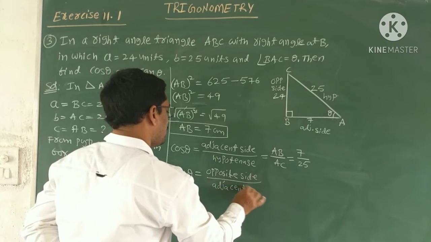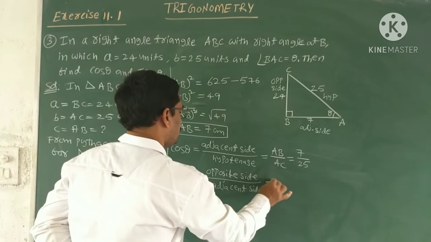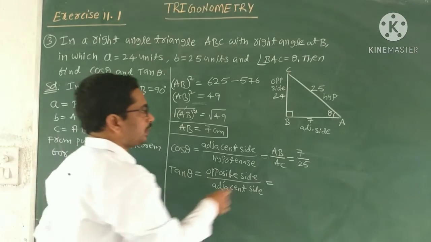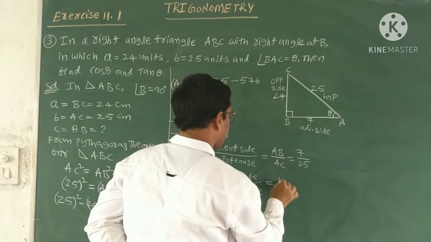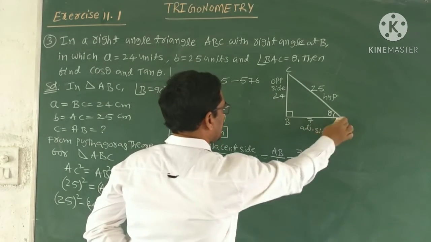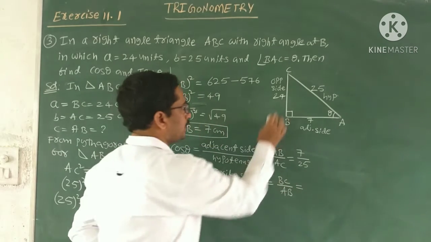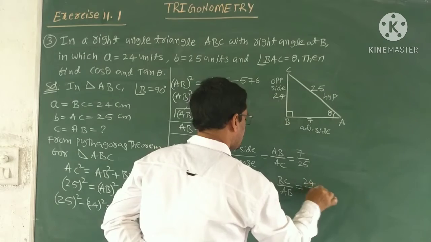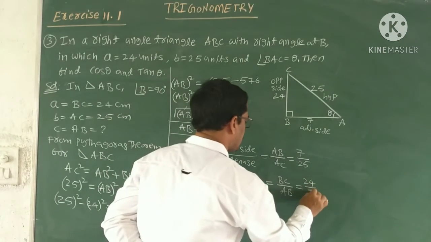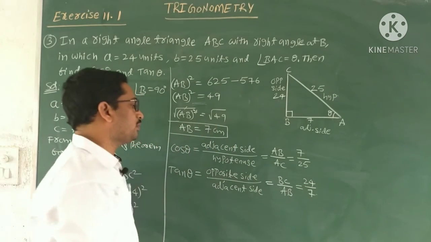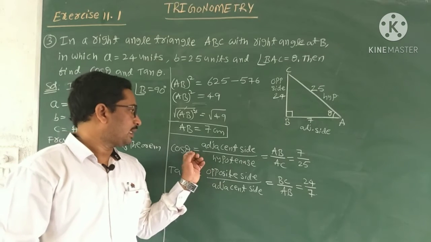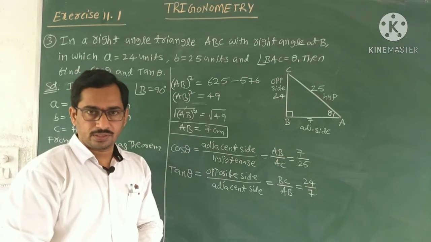The opposite side is BC, the adjacent side is AB. BC is 24 centimeters, AB is 7. So tan theta equals 24 by 7, and cos theta equals 7 by 25.